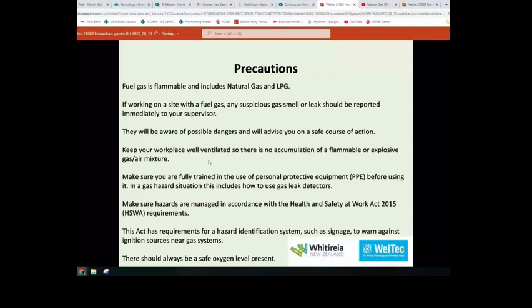You need to know how to use those and have a plan in place of how you're going to deal with any hazards. Also a safety plan. So if you were the person going down the hole, for example, there is a means of getting you out without putting the next person at risk as well.